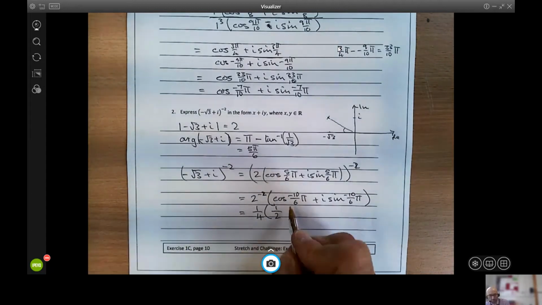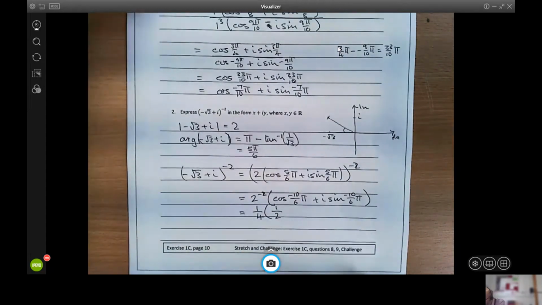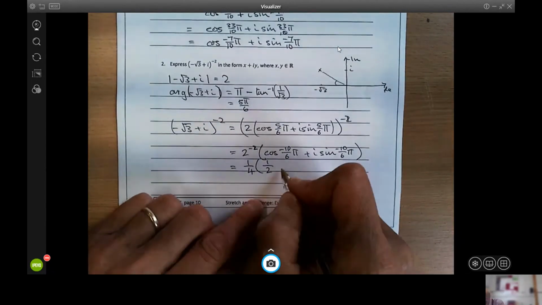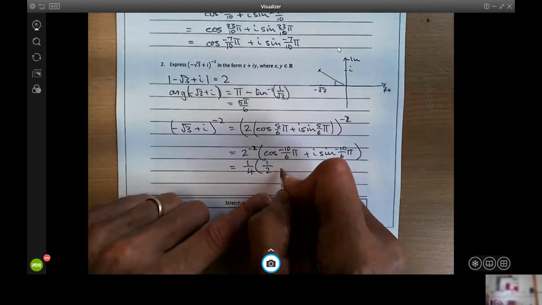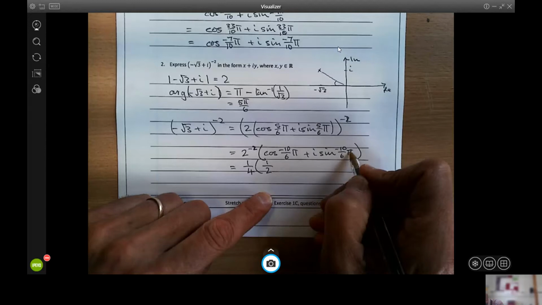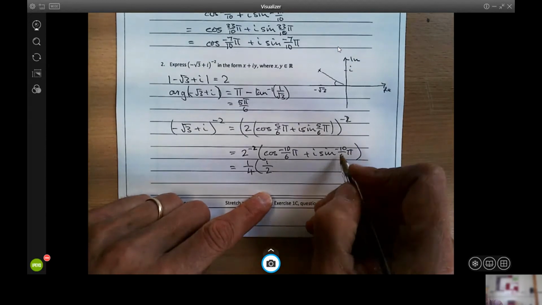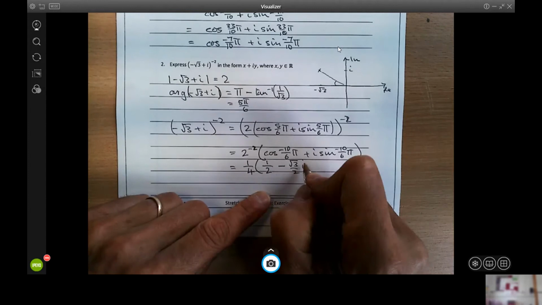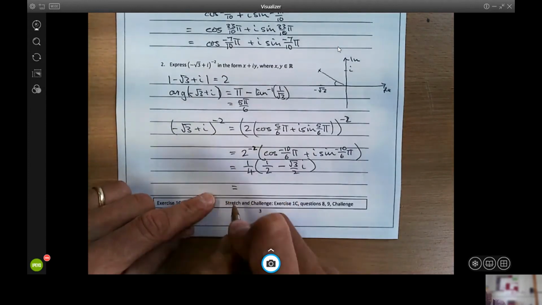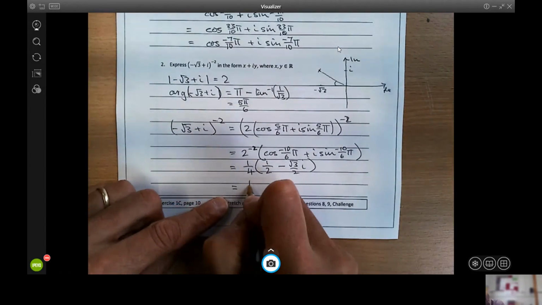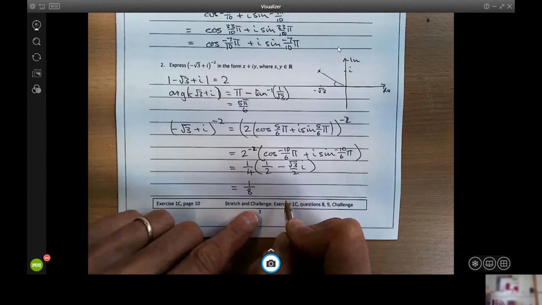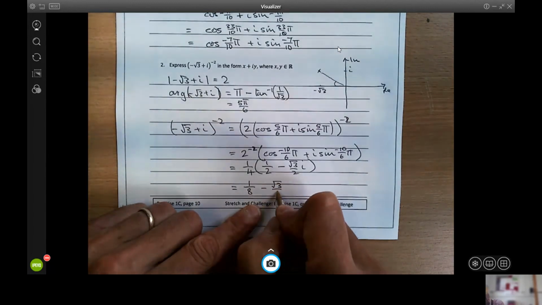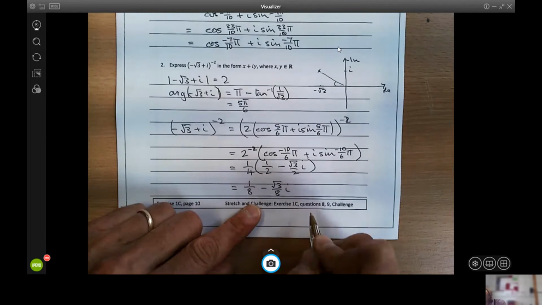No reason at all why you can't use your calculator to work out a value like that. And sin(−10π/6) is −√3/2, so −√3/2 i. So this works out to 1/8 − (√3/8)i.